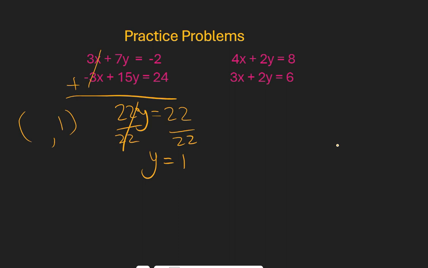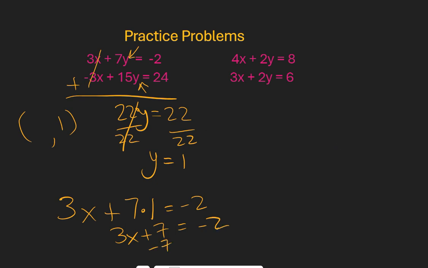I'm going to take that y and I'm going to plug it in either here or here. I'm going to do the top one. 3x plus 7 times, instead of y, I'm going to put 1. And this gives me 3x plus 7 equals -2. I'm going to subtract the 7 to both sides.